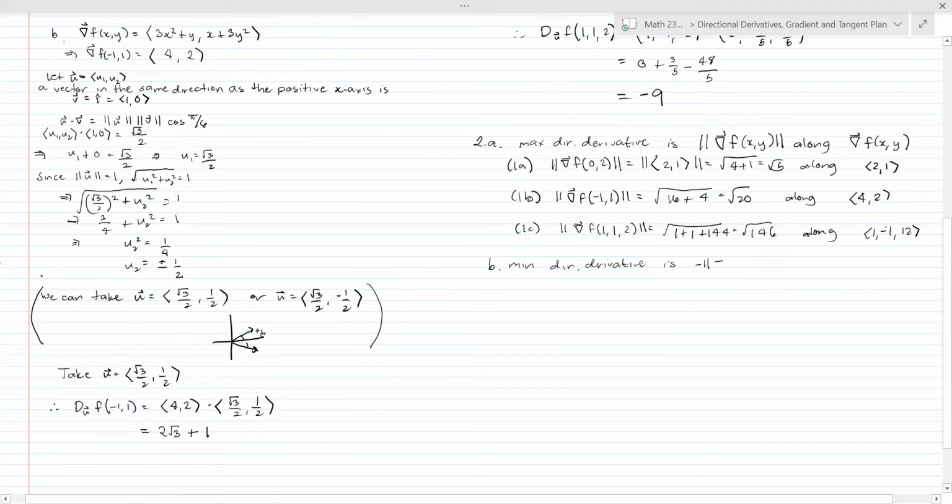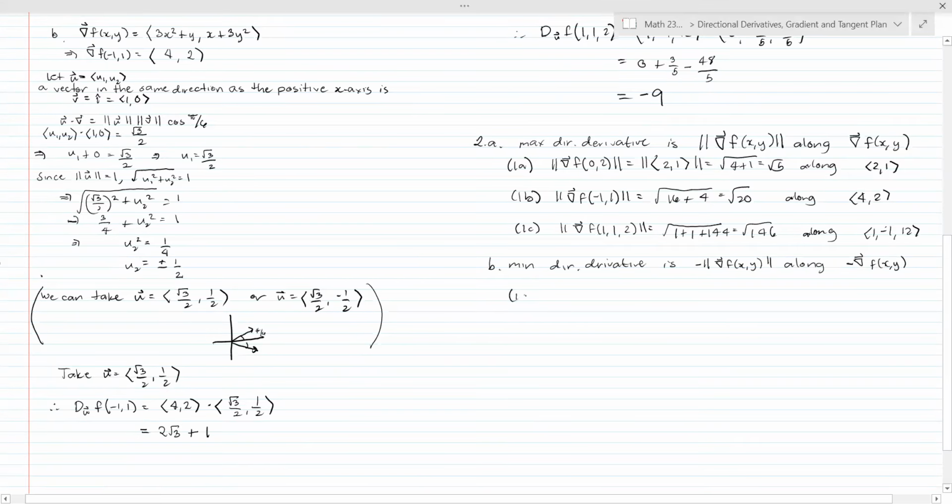And ang direction, this is along negative ng direction ng gradient din. Okay? So, opposite direction. So tingnan natin yung minimum sa bawat na-solve natin so far. 1A, 1B, and 1C.